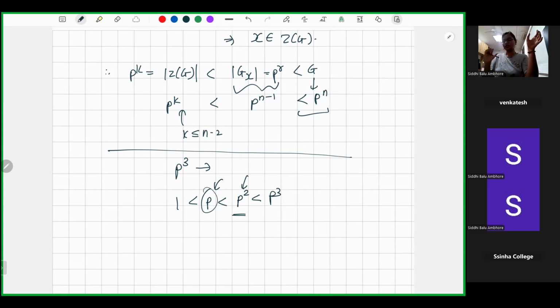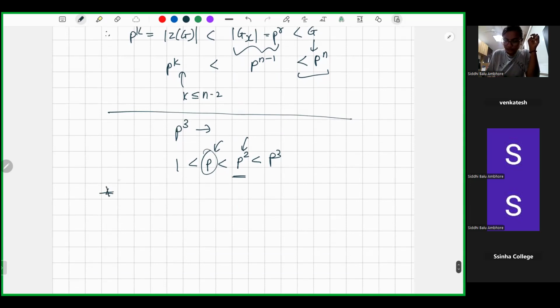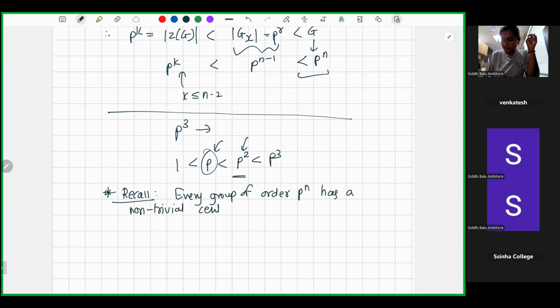And understand that any group of order p power n has a non-trivial center. Let me write this. Recall that, I think we used this multiple times before also, that every group of order p power n has a non-trivial center.